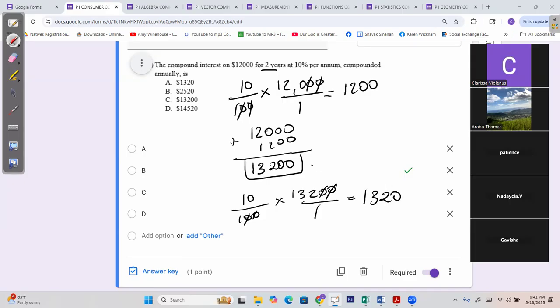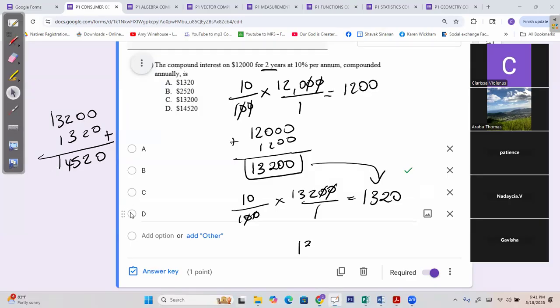So now we're going to add this on to that. 1,200 plus 1,320 will be 2,520. So your answer is going to be D.